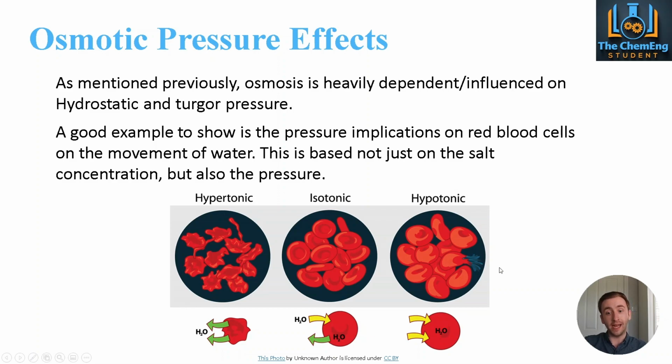So water enters the cell and it ends up bursting the cell. It pops because there's too much water inside the cell. So that's the three types of osmotic pressure effects that are associated with the movement of water in the bloodstream. And again, you can transcribe those effects to other applications as well.